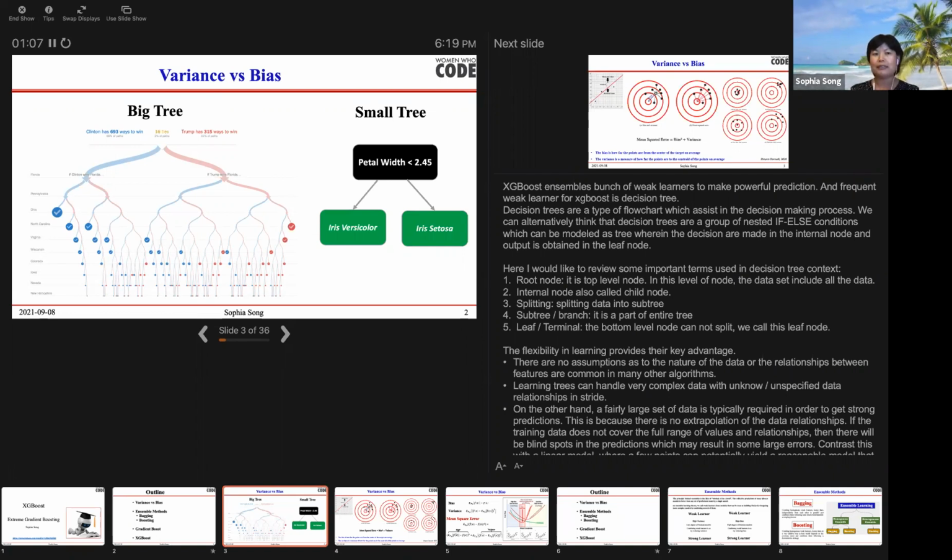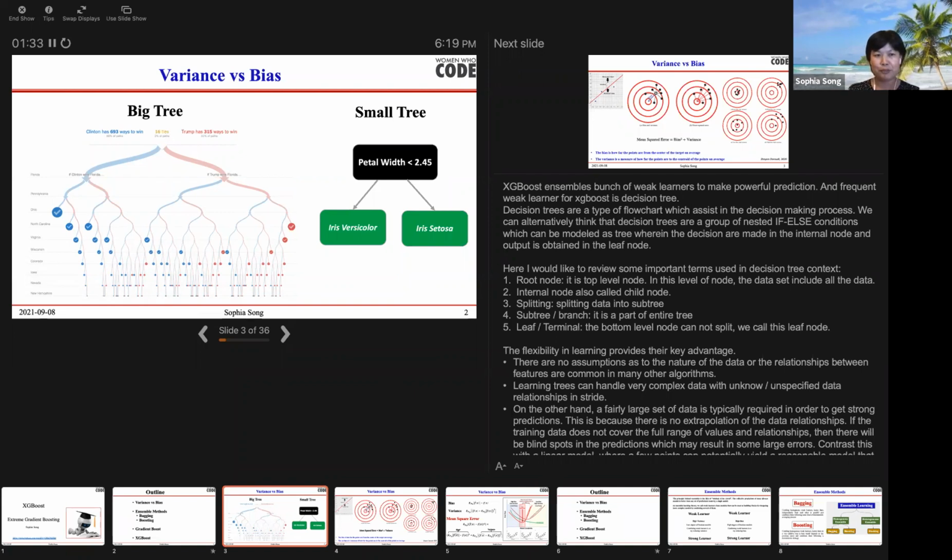We all know XGBoost is an ensemble model, right? Ensemble means combining different weak learners together to make a very strong prediction. For XGBoost, most of the weak learners are decision trees.